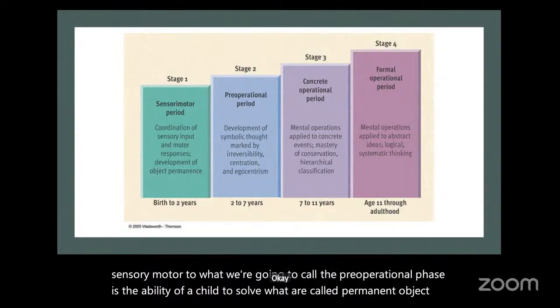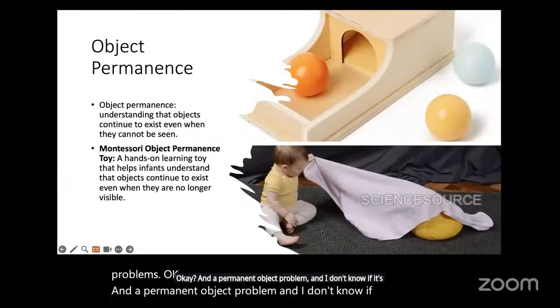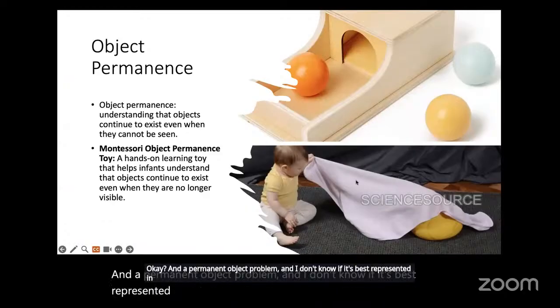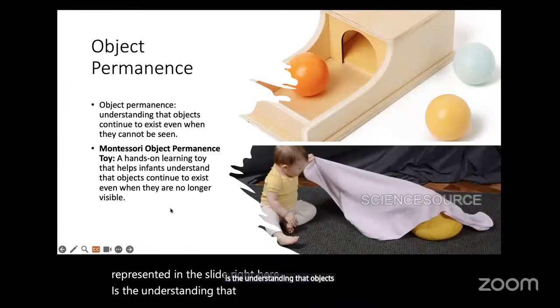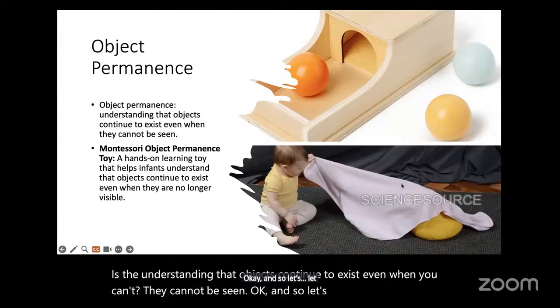And a permanent object problem, and I don't know if it's best represented in the slide right here, is the understanding that objects continue to exist even when they cannot be seen. And so let's go with this Piaget idea.